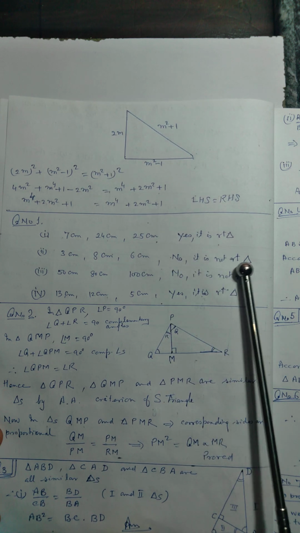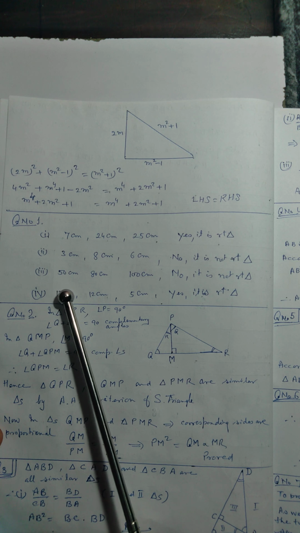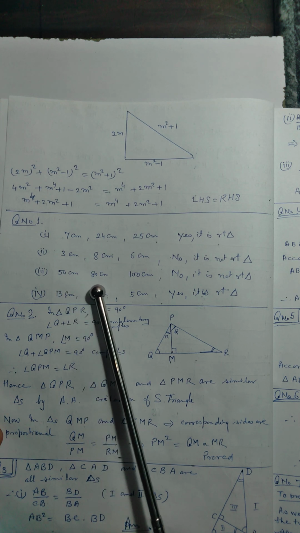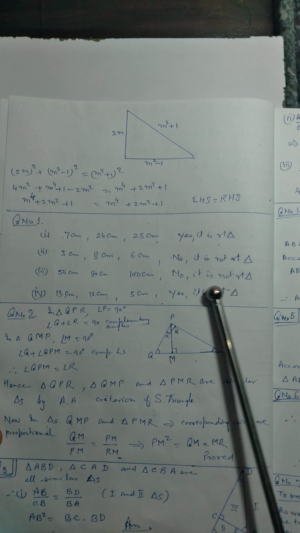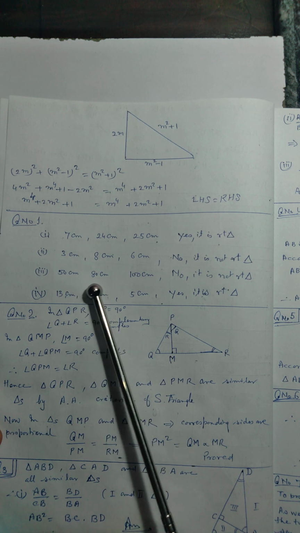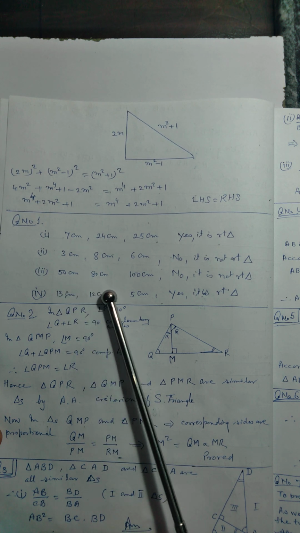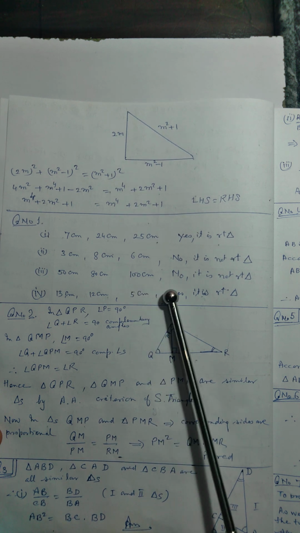Hence it is not a right triangle. Now proceed to 50, 80 and 100. No, it is not a right angle triangle because the sum of the squares of the two small sides, that is 50 and 80, is not equal to the square of 100.